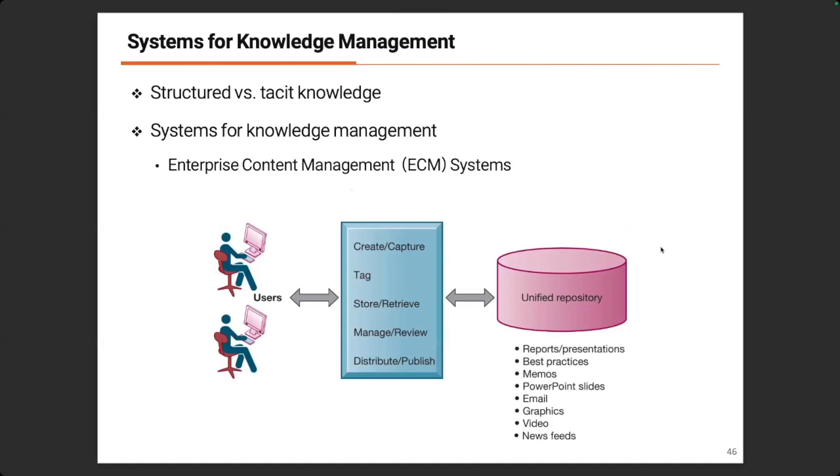So maintaining and collecting the appropriate knowledge is one of the most important things the companies have to do. In this situation, knowledge management systems can be used to address these kinds of needs.